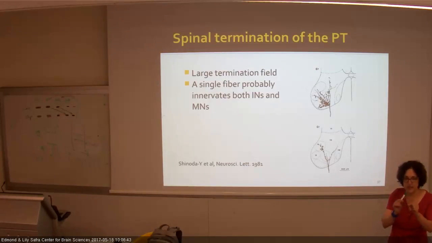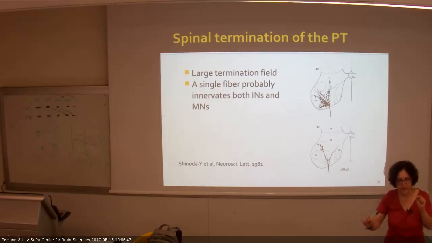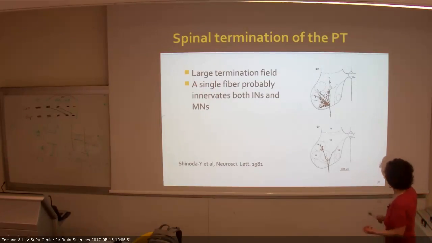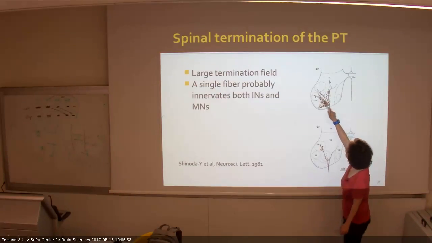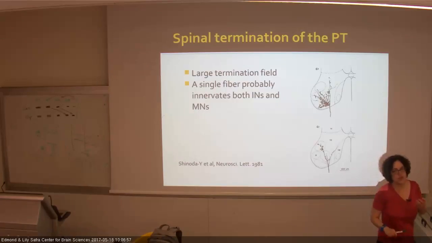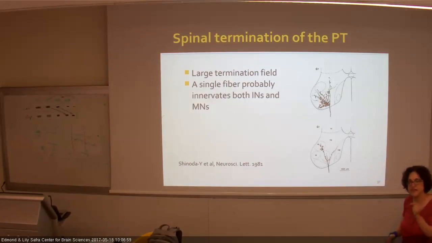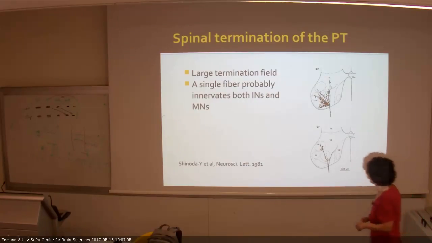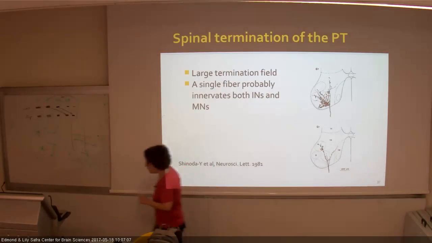It's not necessarily a connection between one cortical cell and one muscle, but a single cortical cell can control a muscle synergy, and can control both motor neurons and interneurons. So it's a fine resolution control, but probably not at a single muscle level, but at a small synergy level. Okay?